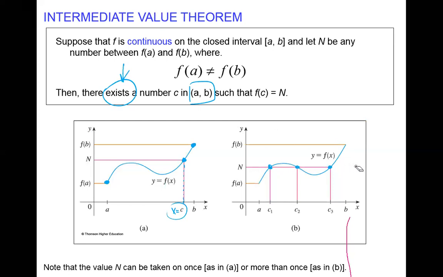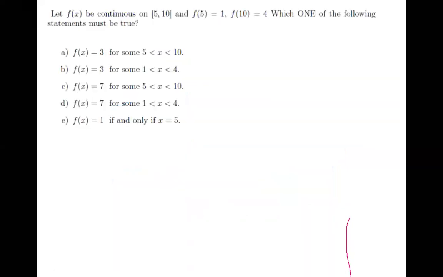And all of these corresponding x values will fall between a and b. That we can even have more than one. Okay, intermediate value theorem. And let's see if I have a question.